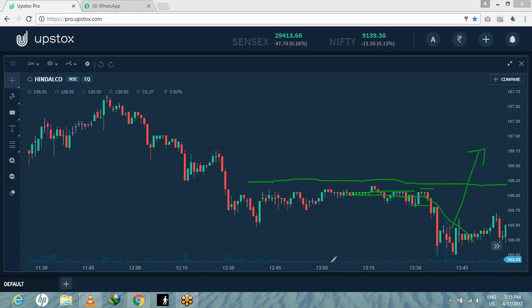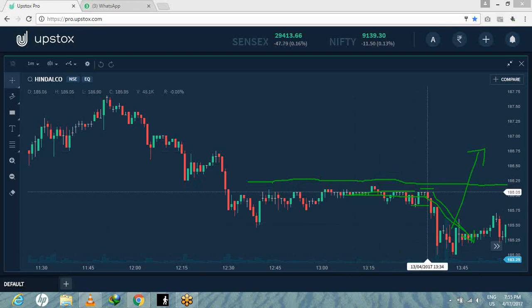See here. If you have entered here, and if it has just triggered your stop loss, it's fine, not an issue. And if you have entered here, and if it has not triggered your stop loss, in that case, see here, what you would have got. You would have got 186 from here, or let me check what is the price here.